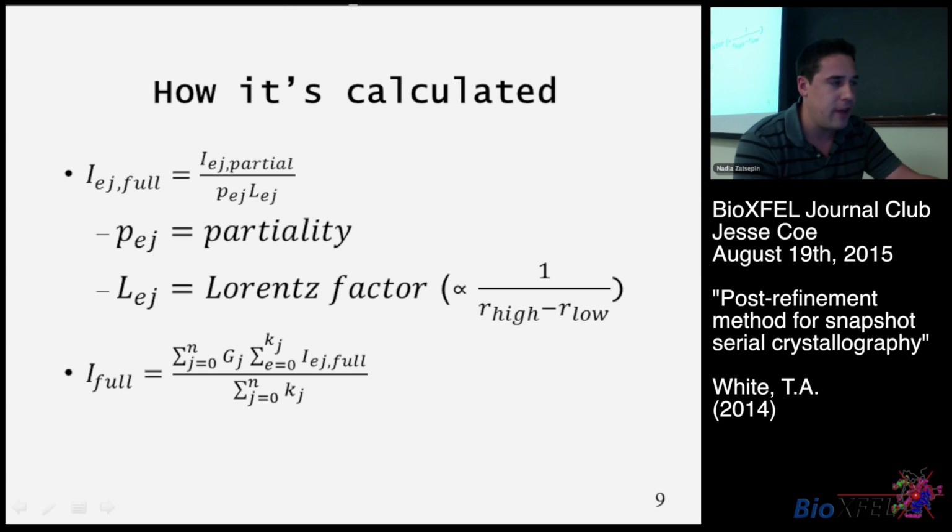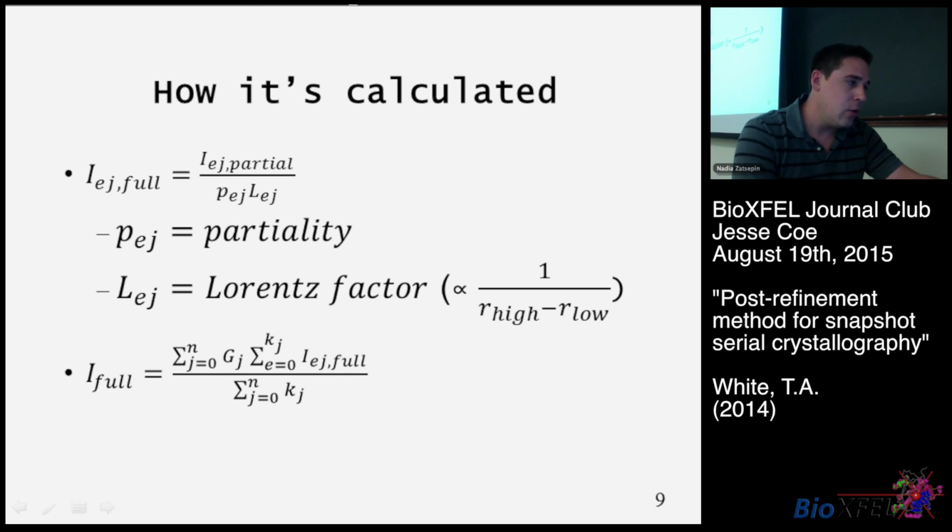And we need to find out the factors that would scale this to the full intensity so that each shot could be comparable. So the P is the partiality, the L is something called a Lorentz factor. This corrects for the distance between the limiting spheres of the Ewald. You can think of this as correcting for where it is in Q, again going back to that density of Ewald spheres.